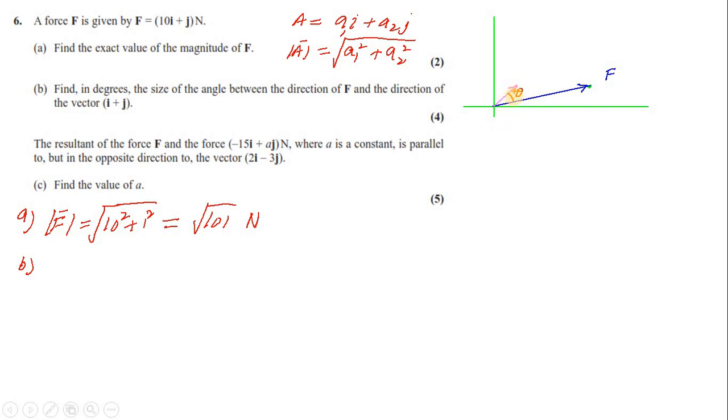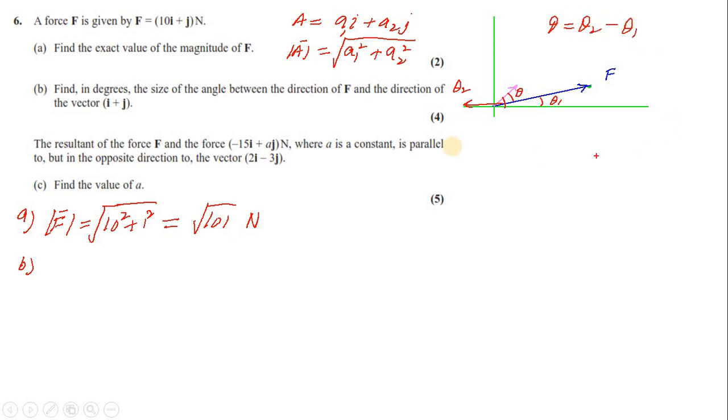Clearly this theta is the difference of the angle of vector i plus j and vector 10i plus j. Suppose this angle is theta 1, and this is theta 2 for vector i plus j. So you know that theta would be equal to theta 2 minus theta 1.